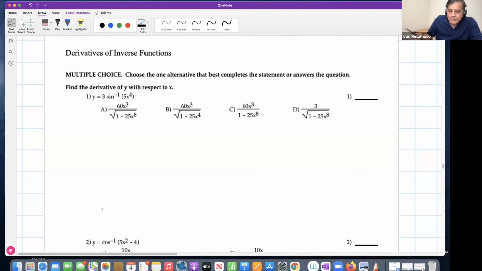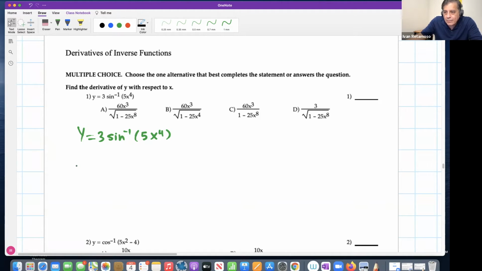Suppose they say, okay, y equal 3 times sine inverse of 5x to the 4th power. And they want you to figure out its derivative. All right, so what should be the derivative of this guy? Well, notice that there is a number 3, which is a constant.